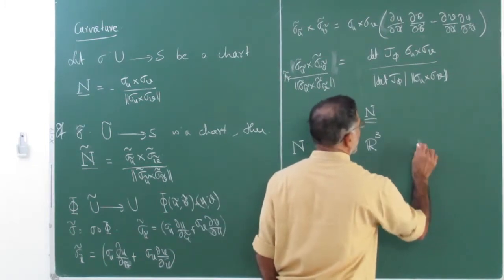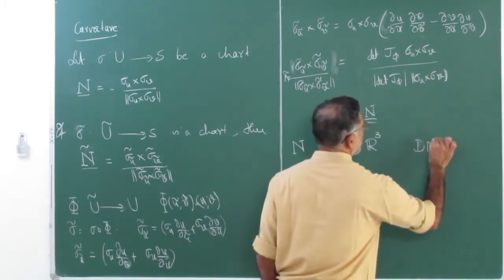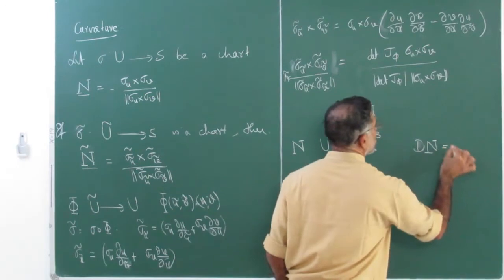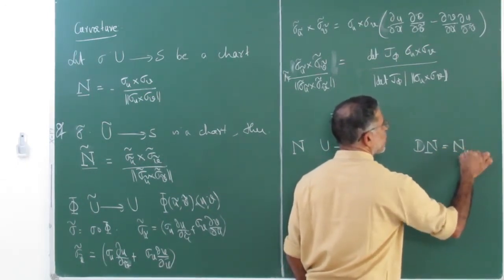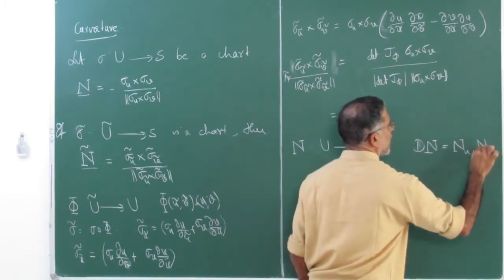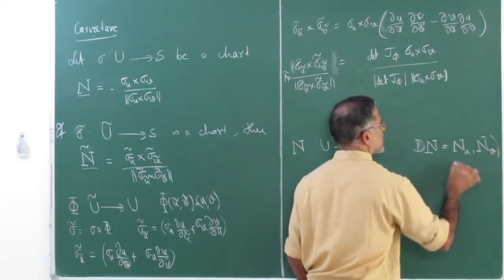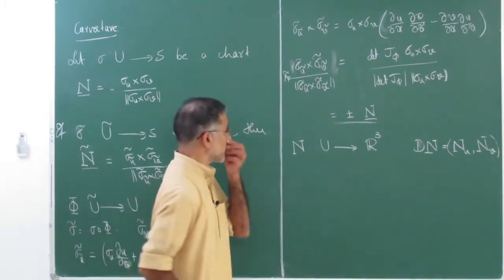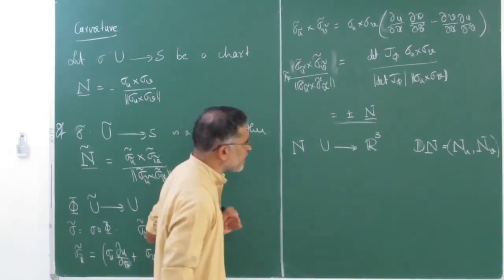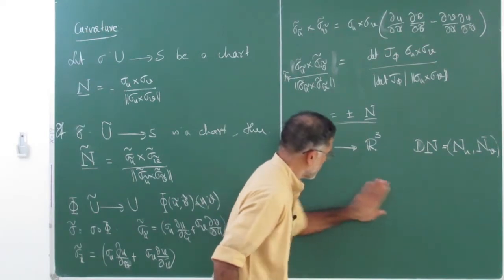Okay. So there will be 2 derivatives. The derivative of n is equal to nu comma nv. Same thing will happen as with your sigma.